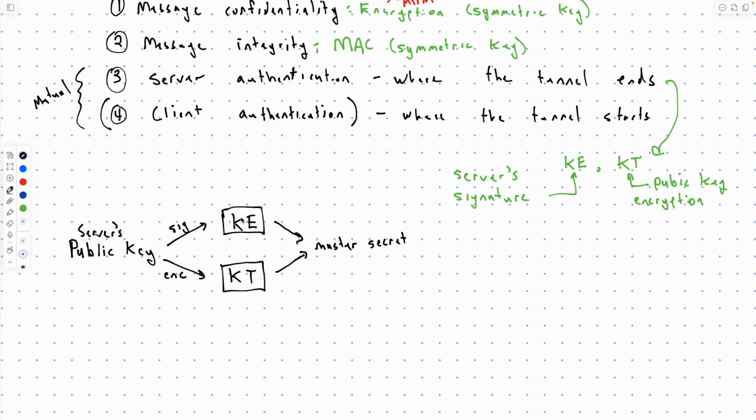There's a small technicality with the key exchange. The master secret isn't quite in the right format, so we run it through an extractor just to compress it. With key transport, you can pick one that's from the right distribution. So now we have a master secret, and this is shared. The server knows it, the client knows it.